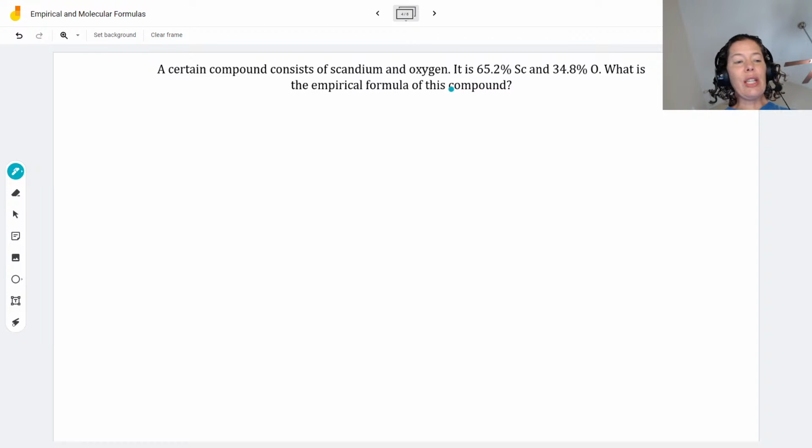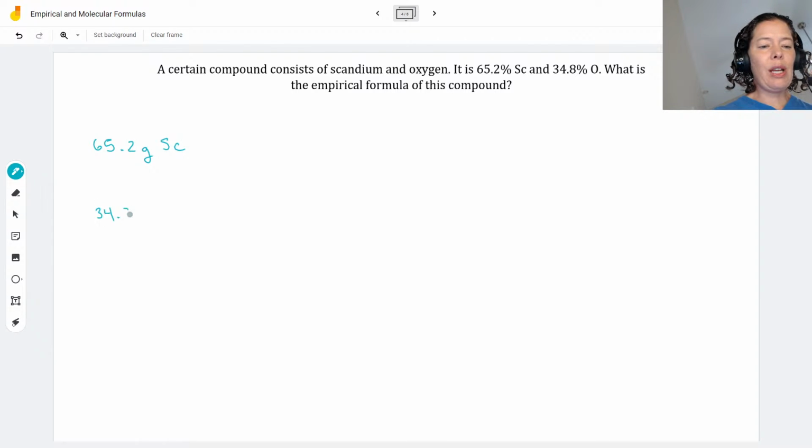Okay, so again, just like always, we're going to assume we have 100 grams of this compound. So that will give me 65.2 grams of scandium and 34.8 grams of oxygen. My next step is to convert grams into moles.